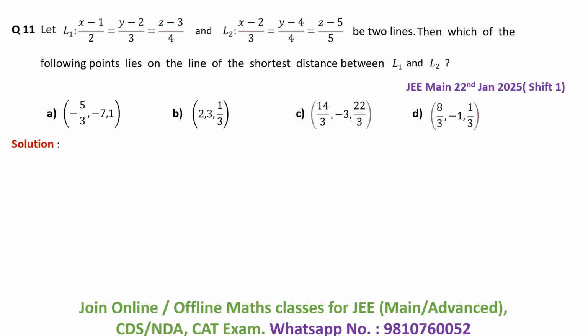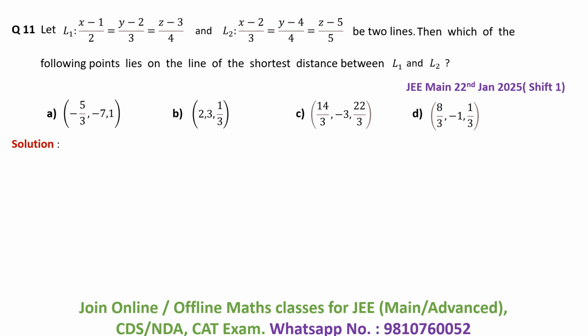Now students, basically in this question, first of all we have to find the equation of the line of the shortest distance, and then we will be checking among these 4 points which point satisfies that equation, right?